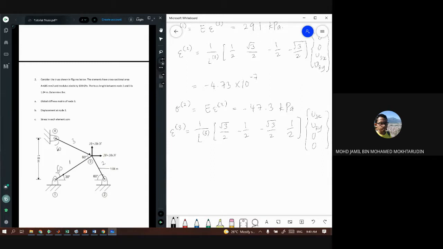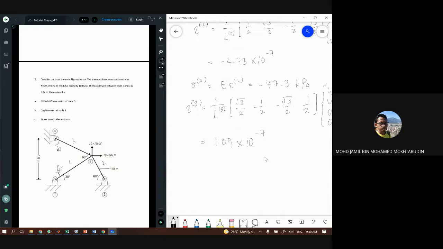And be careful with the arrangement. You start with the lower node number first. Then you get this equals 1.09 times 10 power of negative 7. And then the stress equals 10.9 kilopascal.